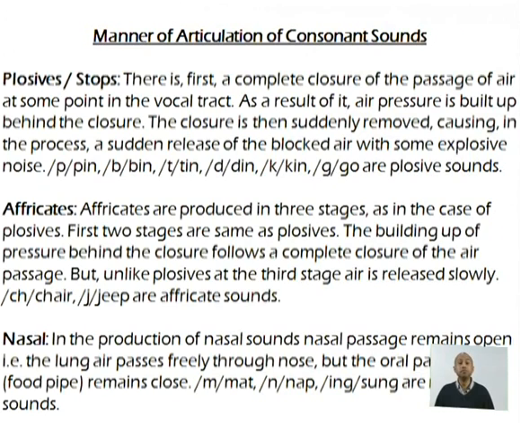For example, mat, nap. So we've closed the throat and the air is going through the nose to give us map, nap, sung. It's a nasal. These are nasal sounds.